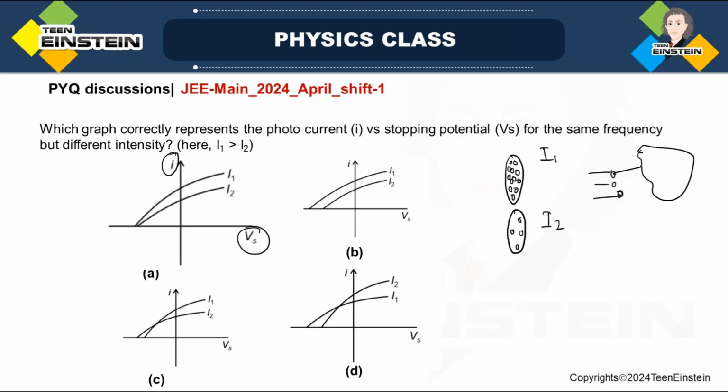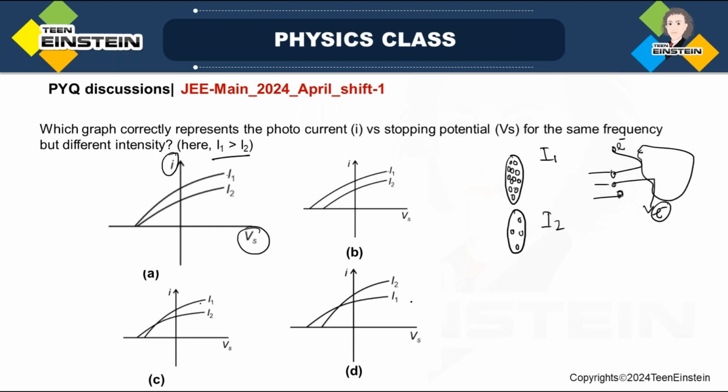Each photon will knock out one photoelectron from the metal surface. If you have more intensity, you have more photons, so more electrons will come out and you will get more current. So greater intensity means greater current. You look here, I1 is greater than I2, so the current should be greater for I1.